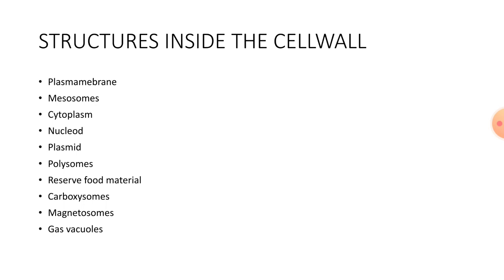These are called gas vacuoles. As they are filled with gas, they provide buoyancy, so that the density of the bacterial cell is decreased and they can easily float on the water surface. So these are the different structures or cell organelles we can see inside the cell wall of bacteria.